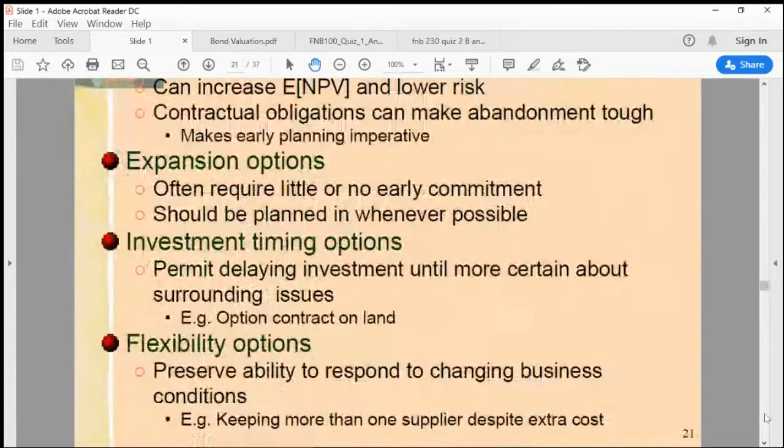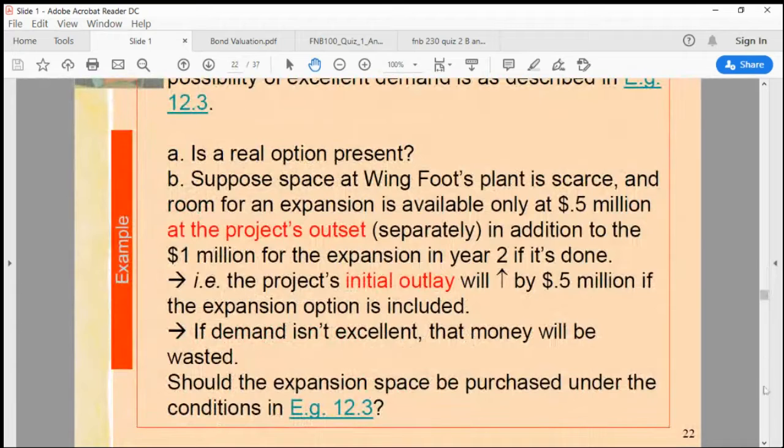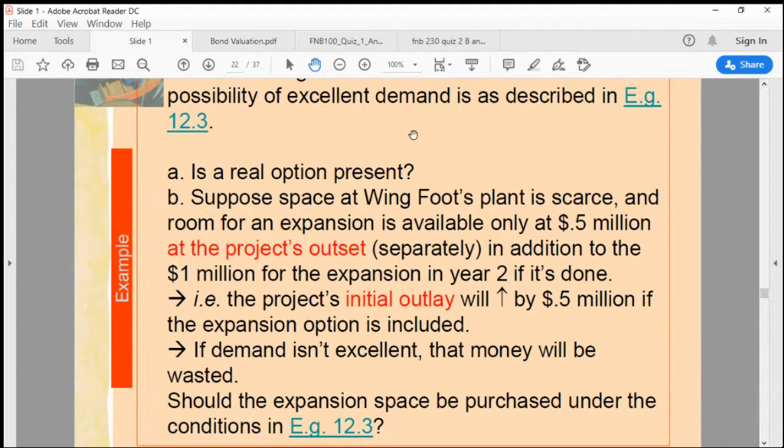So let's get back to it. If that is the case, if it turns out to be excellent, is there a real option? Is a real option present?